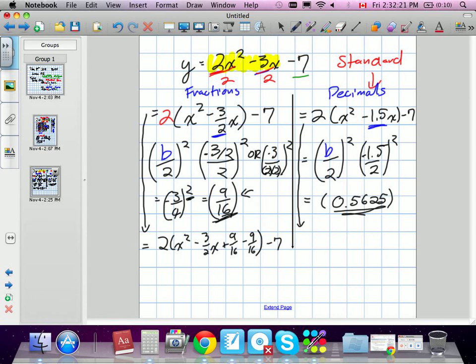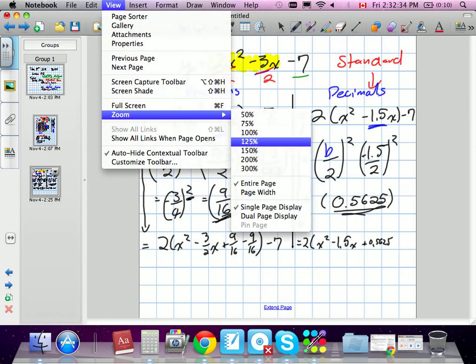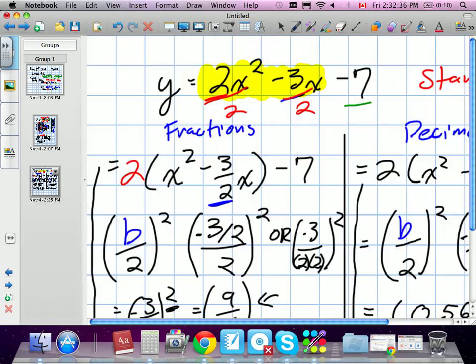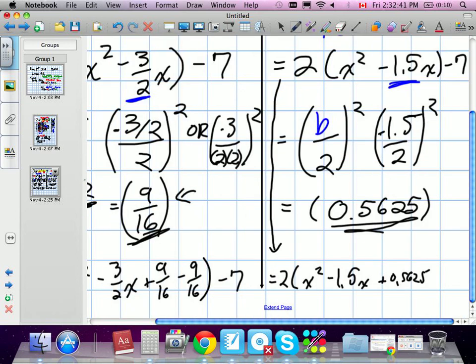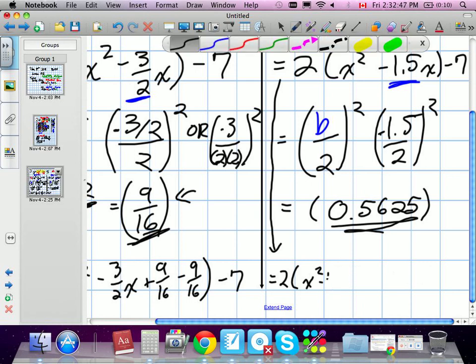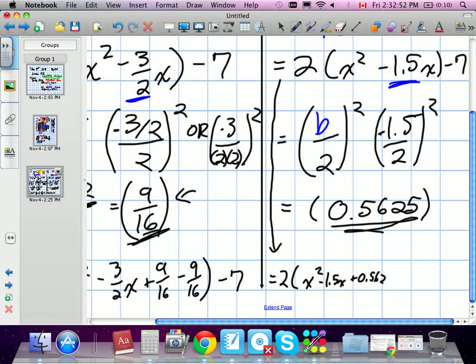We have 2 times x squared minus 1.5x plus 0.5625. I don't know if I have room. Let me zoom in. Oh, I really don't think I have room for this. Let's try this again. Hold on. I'm going to squeeze it a little. Minus 1.5x plus 0.5625.